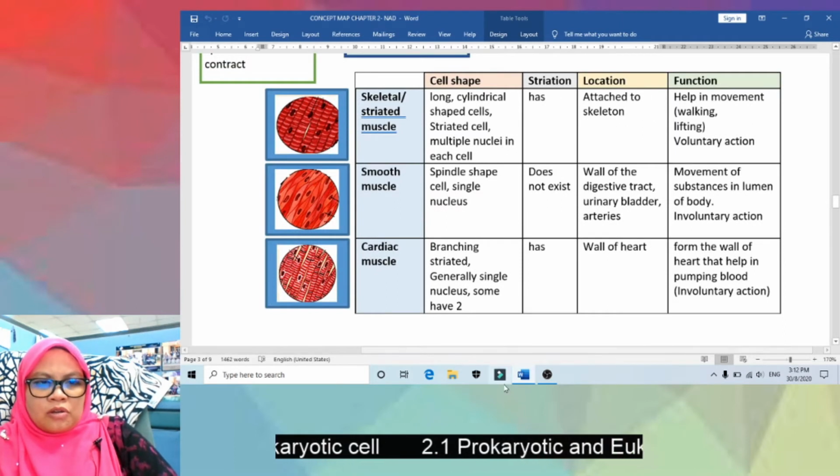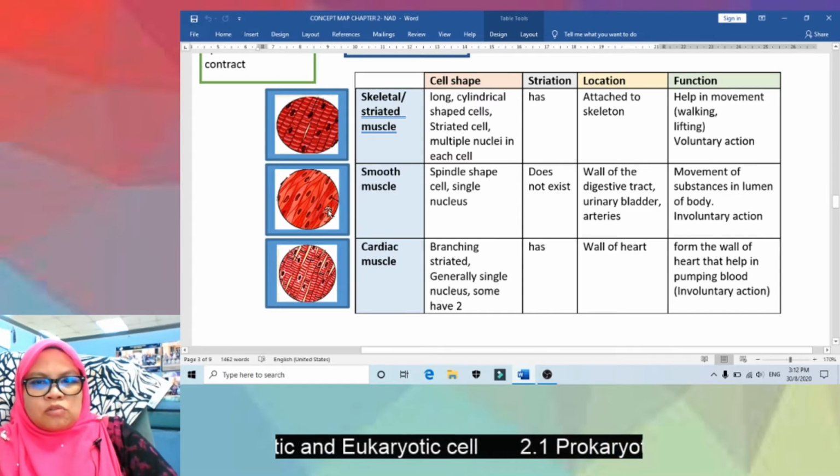Next, the location. Okay, skeletal muscle is attached to the skeleton, and the function is to help movement, for example, walking. So it is involved in voluntary action. But for smooth muscle, the location is in the wall of the digestive tract, urinary bladder, and also the arteries. So the function is movement of substances in the body.